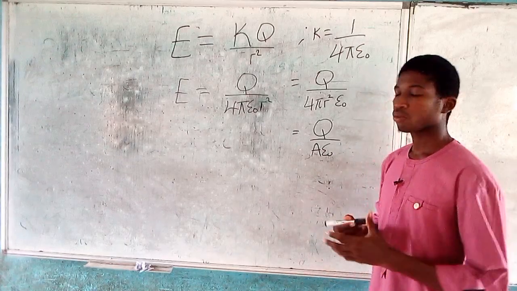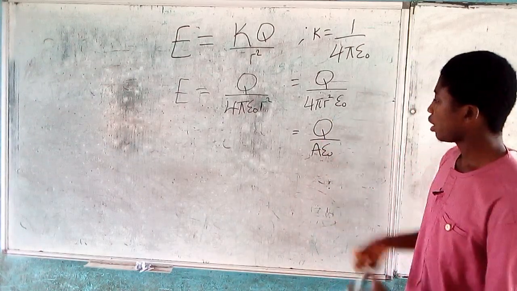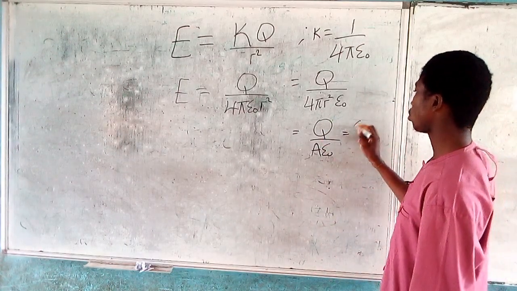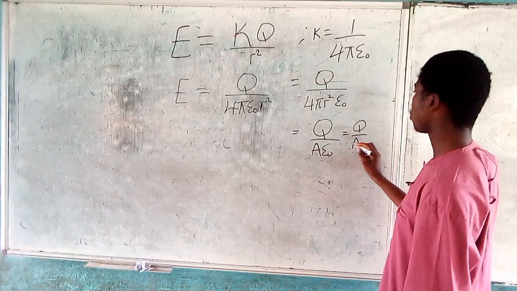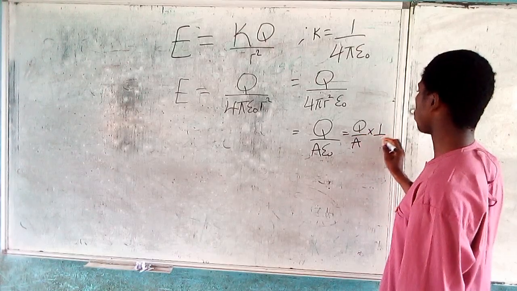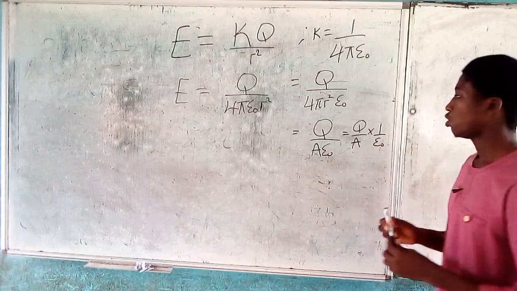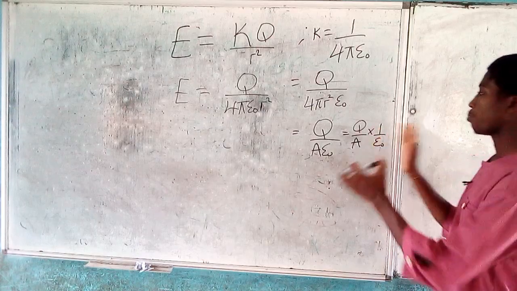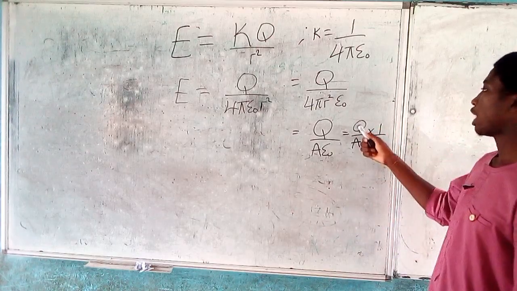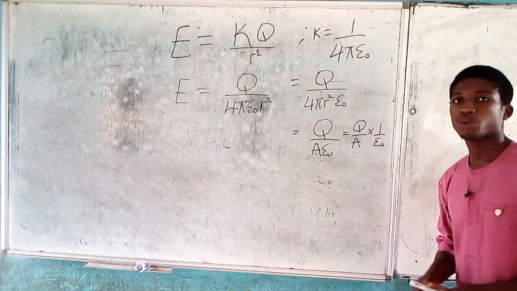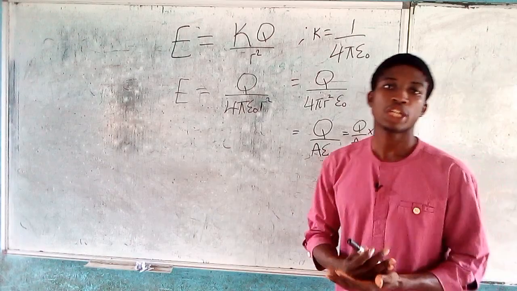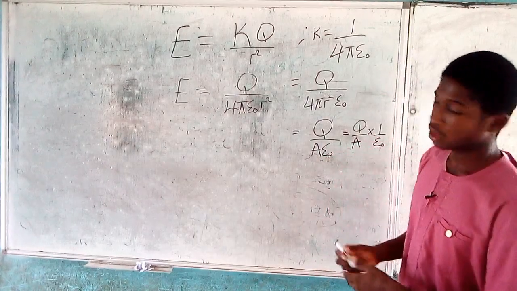So this gives Q over A times 1 over epsilon naught. We just separated it. And charge over area is what we call surface charge density, which we denote by sigma.